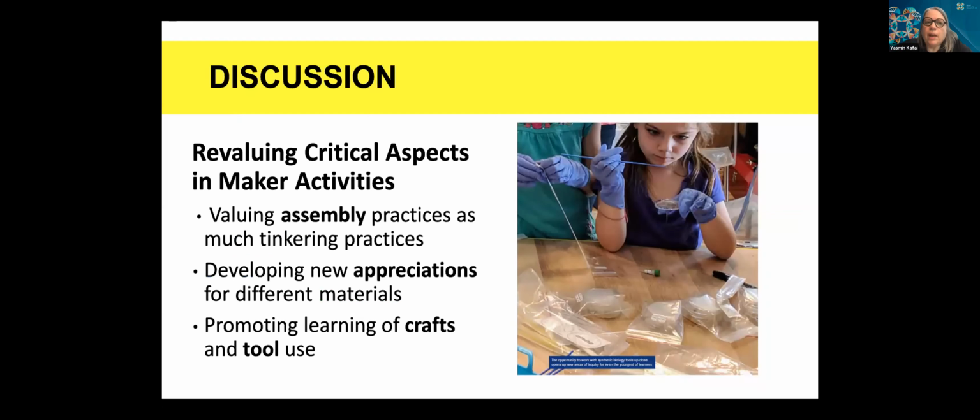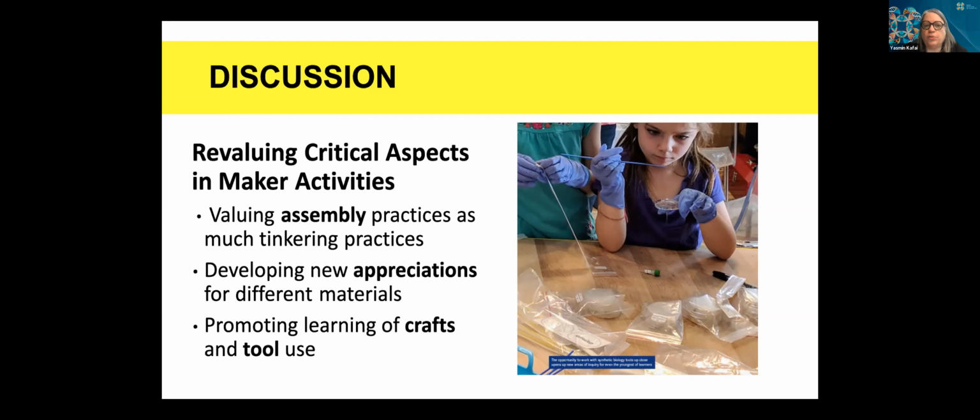One thing which has been really important to us over the last 5 years of engaging in biomaking is that it helped us to revalue critical aspects of maker activities. There's a value in learning pipetting and assembly practices as much as the tinkering practices.